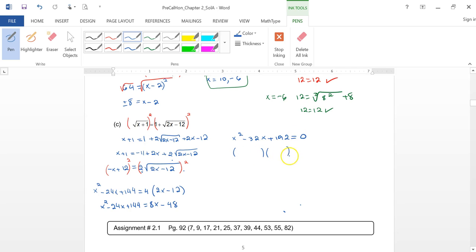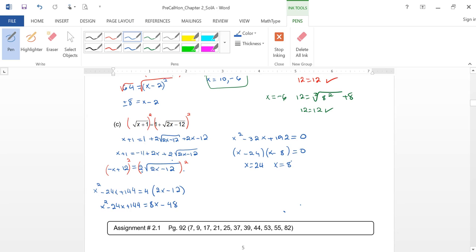So we're going to factor. We're going to get negative 24 and negative 8. Okay, so x equals 24 and x equals 8. Let's go back.